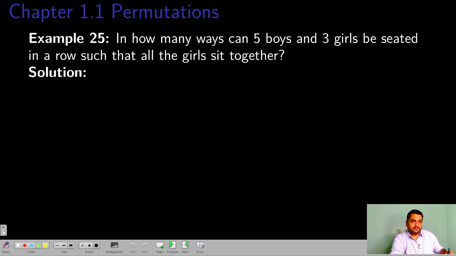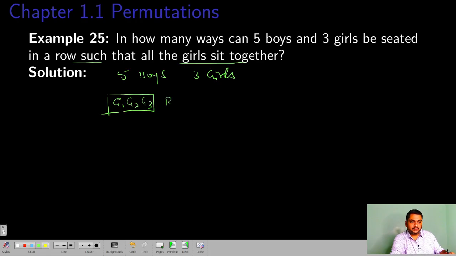Next, in how many ways can 5 boys and 3 girls be seated in a row such that all girls sit together? So we'll create a group G1, G2, G3. There are 3 girls, they all have to be together, and you have 5 boys.